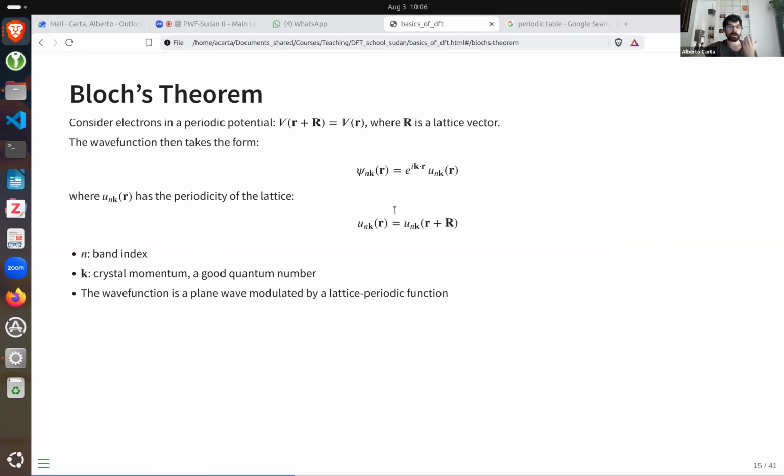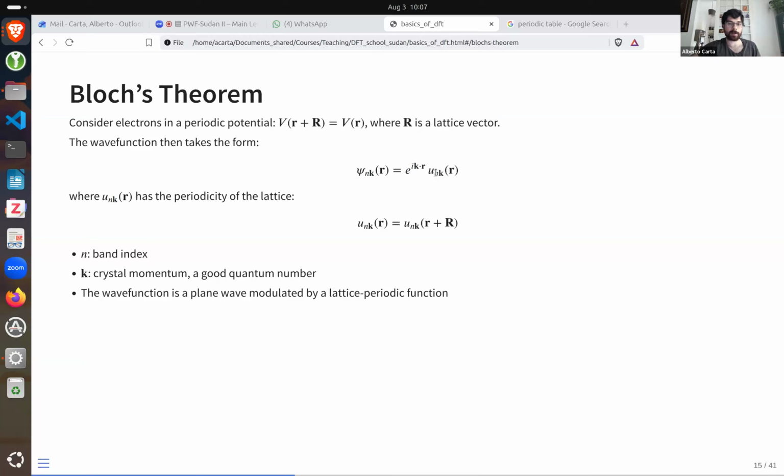Okay, so the Bloch theorem basically tells us that we can relate the wave function in a crystalline solid to the wave function in a free electron gas in a very, very simple way. The wave function in a solid has the same form as a free electron gas, in the sense that it also has this complex exponential e to the ikr times a little bit of a modulation function.